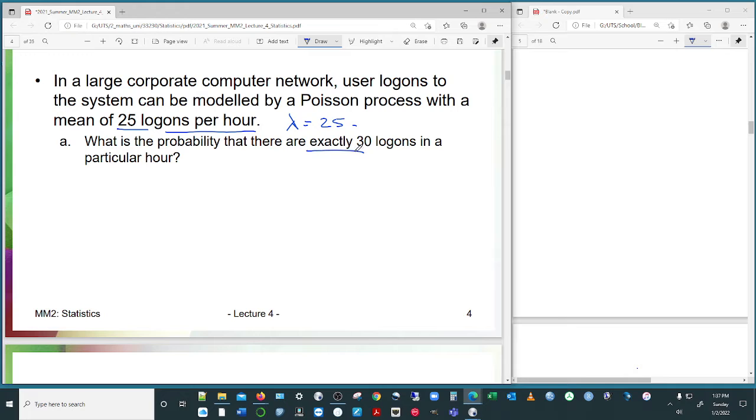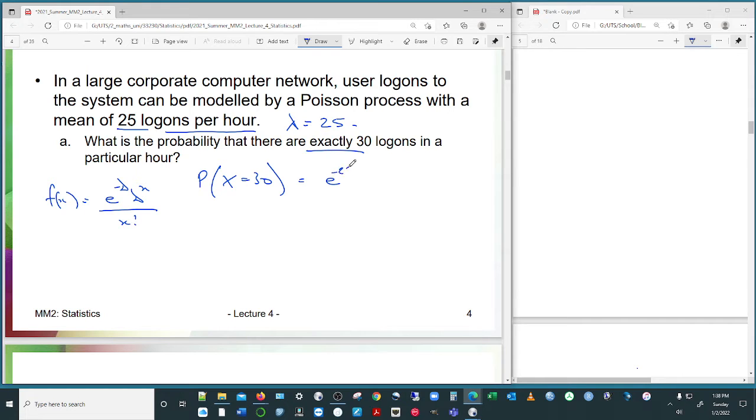Thank you for using that word, because that tells me quite readily that the question is asking for X equal to 30. So I can go back and use my definitional function as given previously, which is e to the minus lambda, lambda to the power x divided by x factorial. Or I could use the corresponding R code.